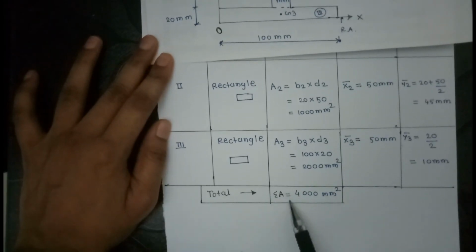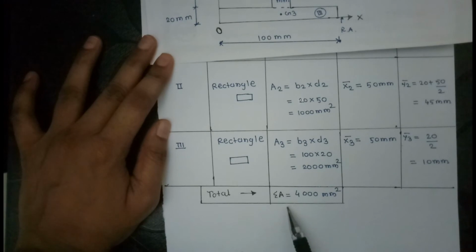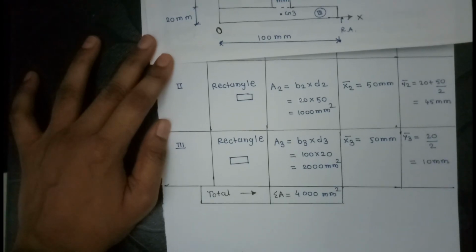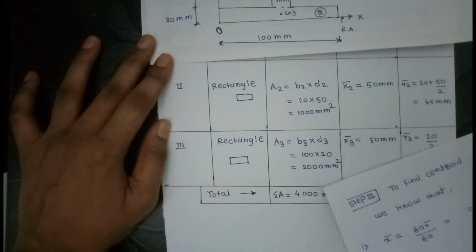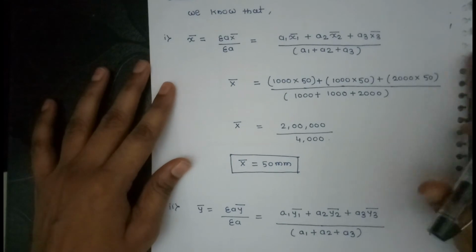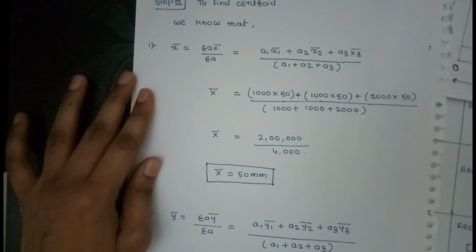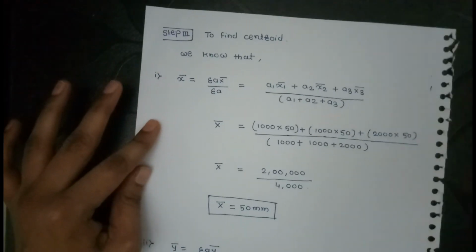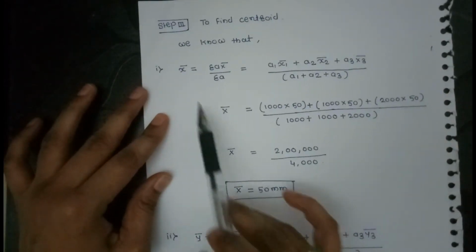Then summation A means algebraic sum of all the areas, 4000 mm square. Then calculate to find the centroid of overall I section.